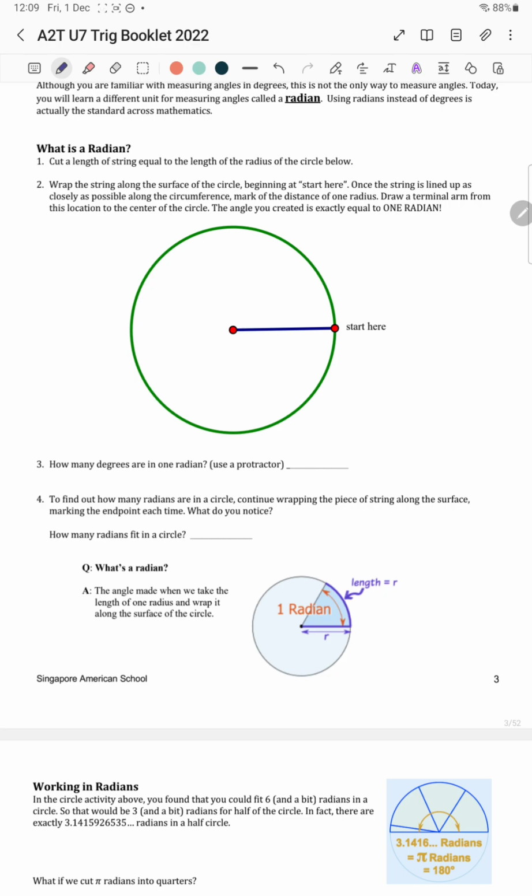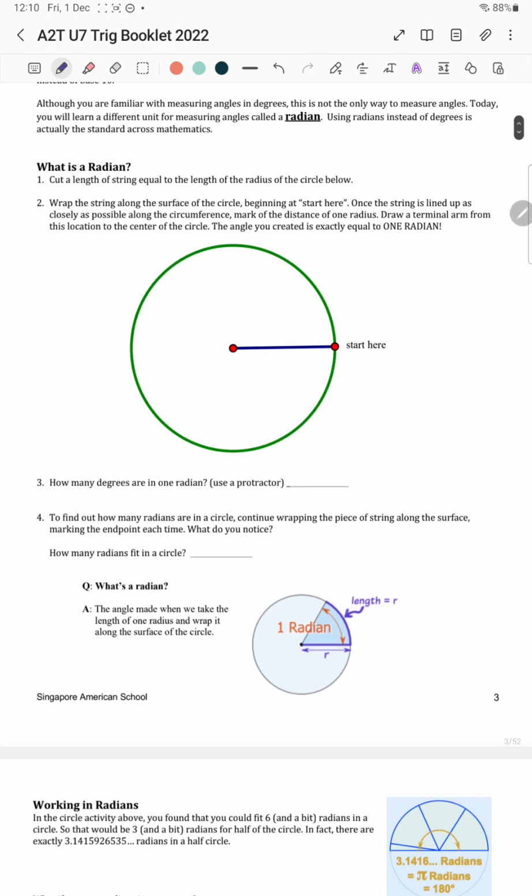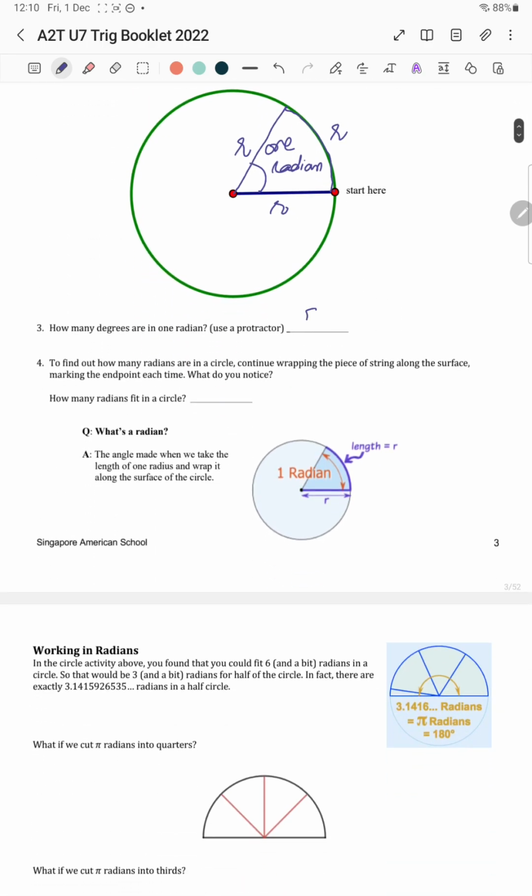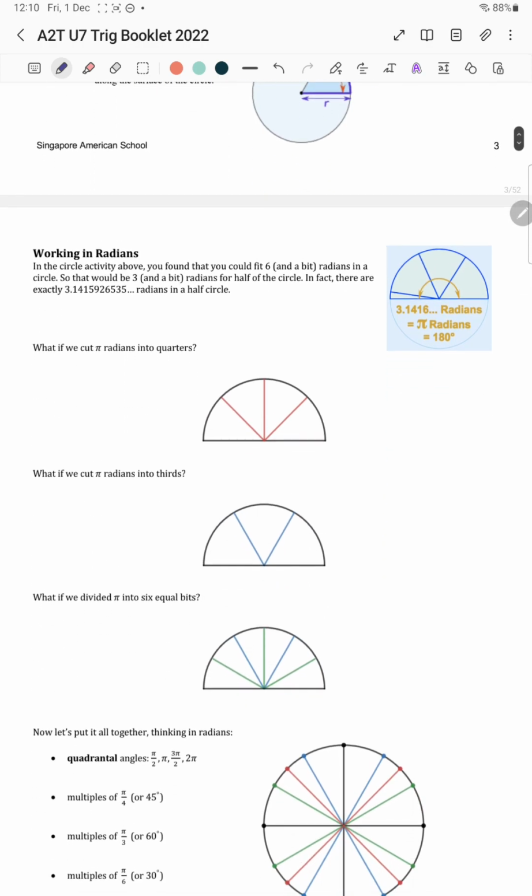So one radian is one radius r, then we take the same distance, radius r, from here, and the same distance from here, and it will result in 1 radian. And 1 radian in degrees is equal to 57.3 degrees.